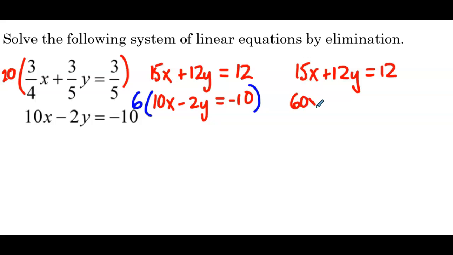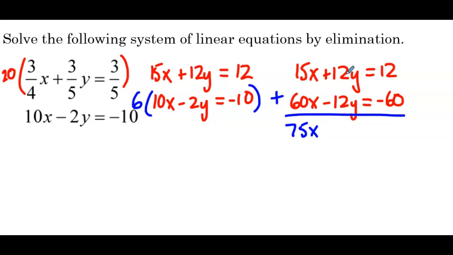And 60x minus 12y equals negative 60. So adding those two equations together, we have 75x plus 0y equals negative 48. So 75x equals negative 48.